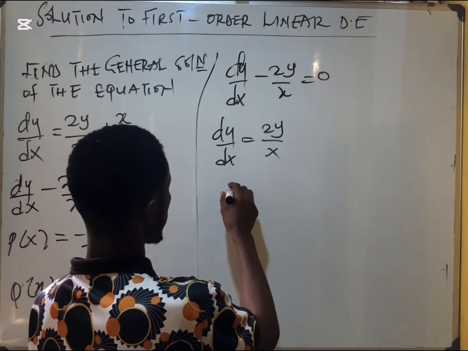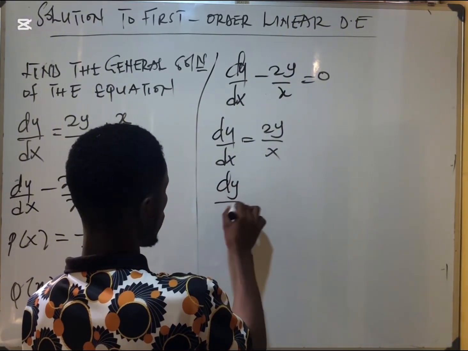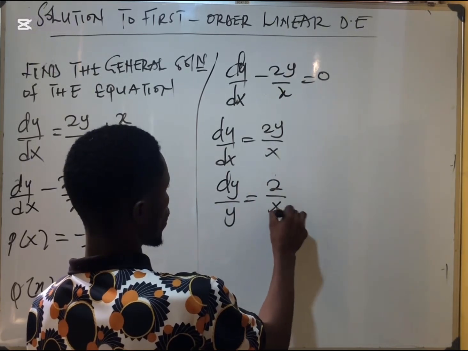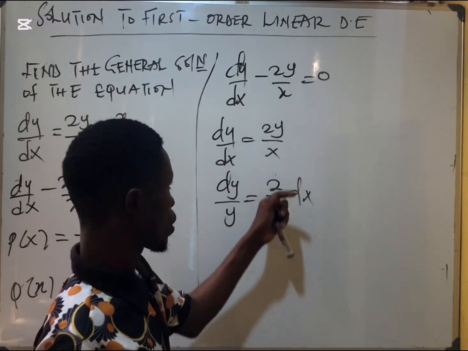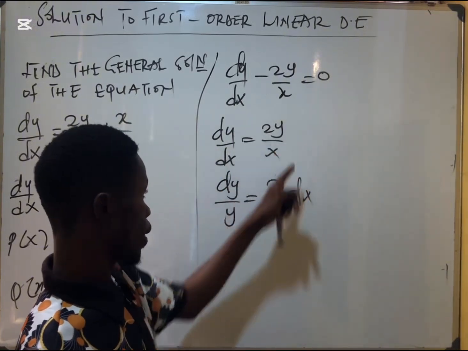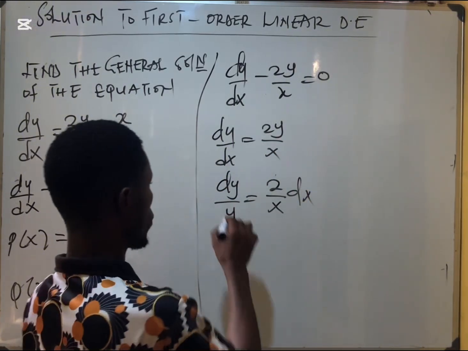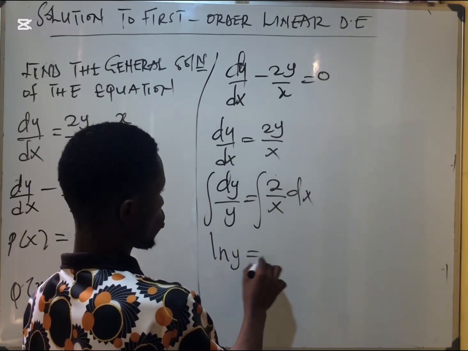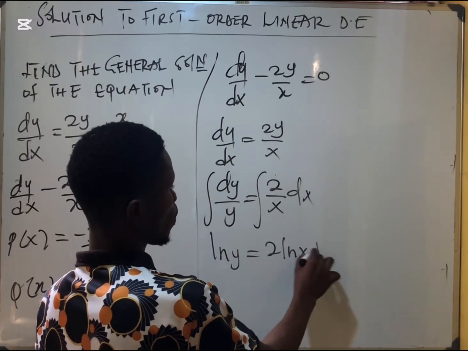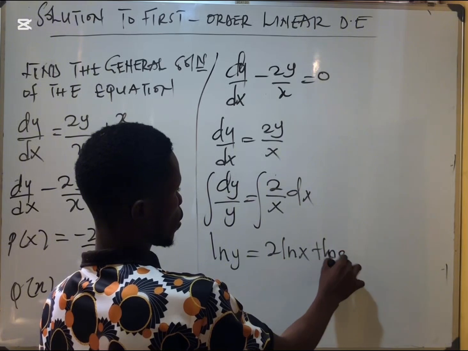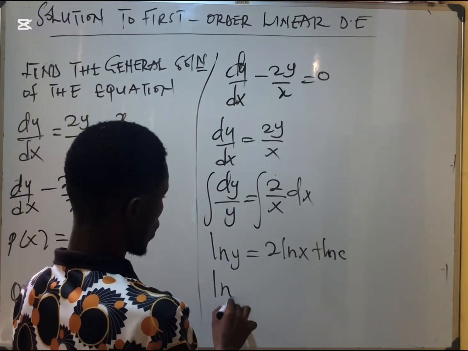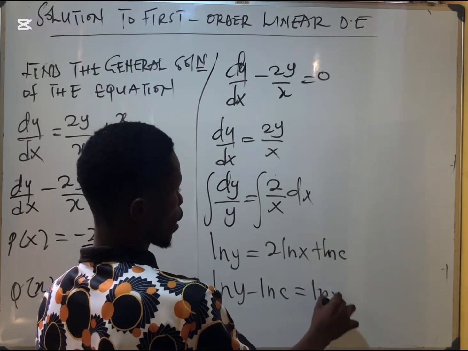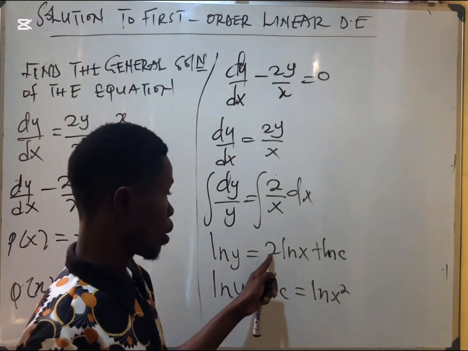Now from here, we can have dy over y equals 2 over x dx, because I can bring this y here and the x there, so that it becomes separable. Once it's separable, you can integrate it. If I integrate this, I have ln y equals 2 ln x plus ln c, which will give us ln y minus ln c equals ln x squared. Is that okay?